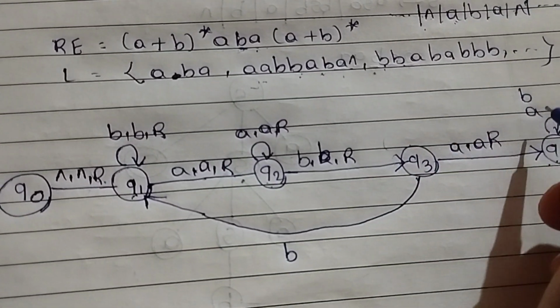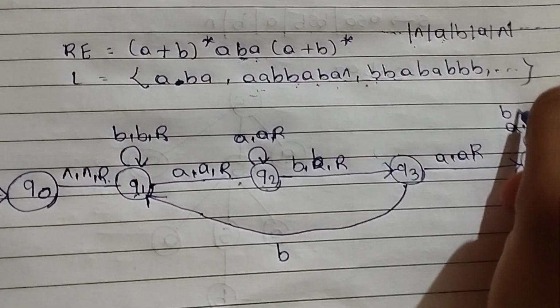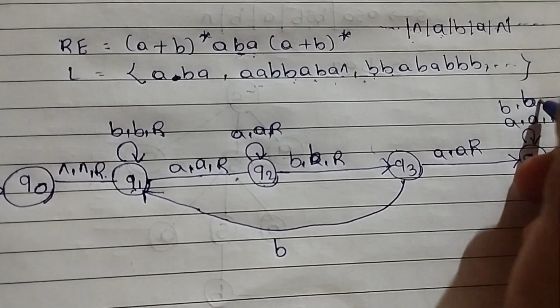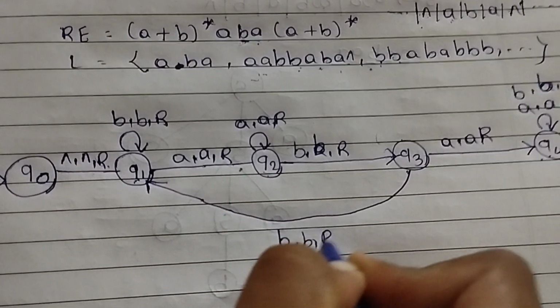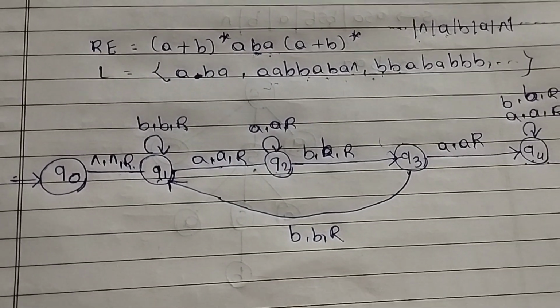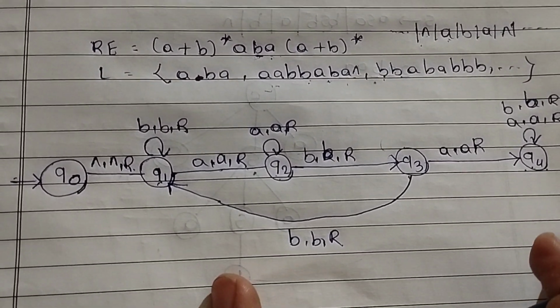So here we only keep all the symbols as it is and move right. So this is the Turing machine for the substring ABA.